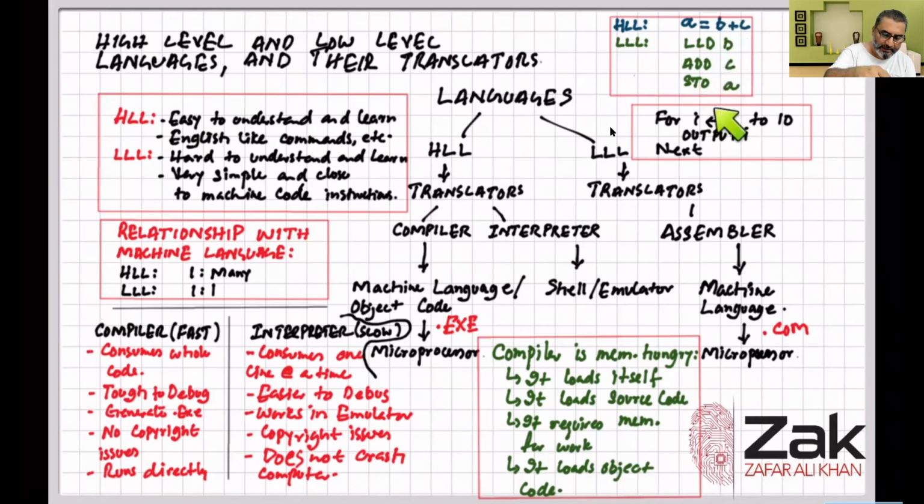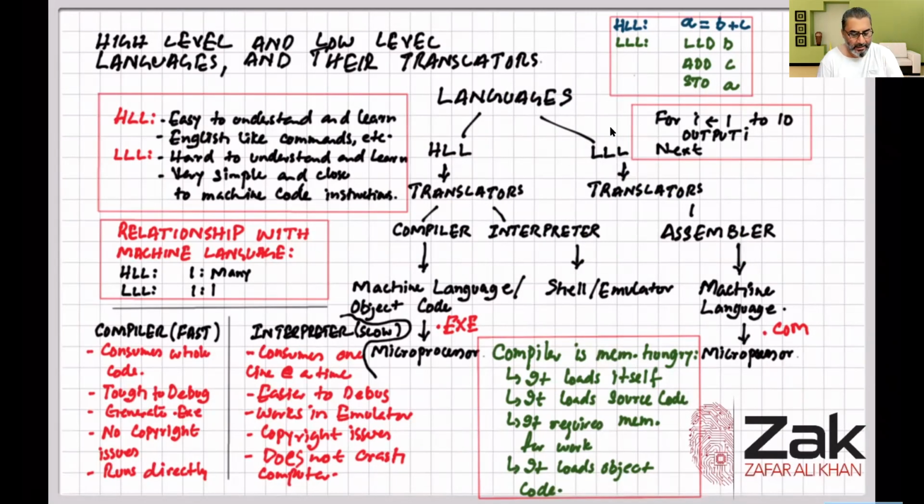Okay, now languages can be divided into two: high level languages and low level languages, and their translators are required because at the far end the processor requires everything in machine code. So high level language translators are either compiler or interpreter. We just discussed these, and low level language translators are assemblers that we have studied in P1.